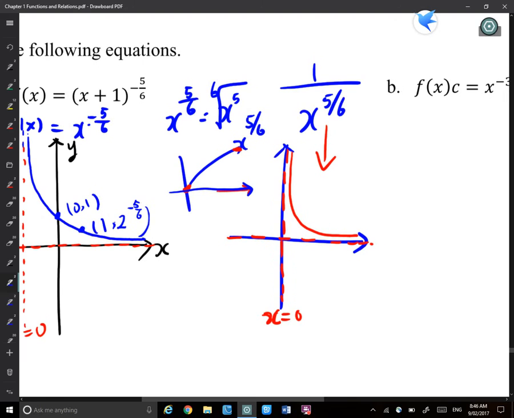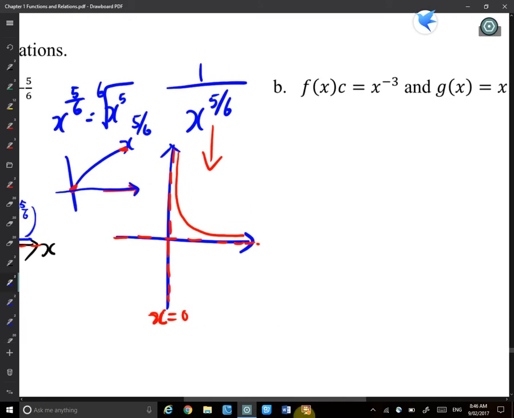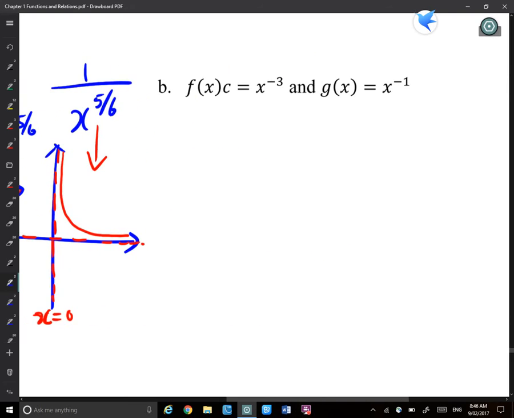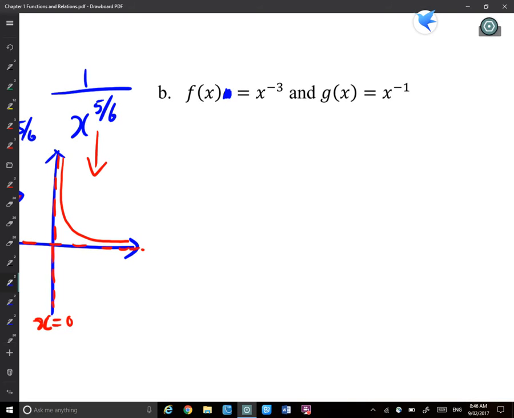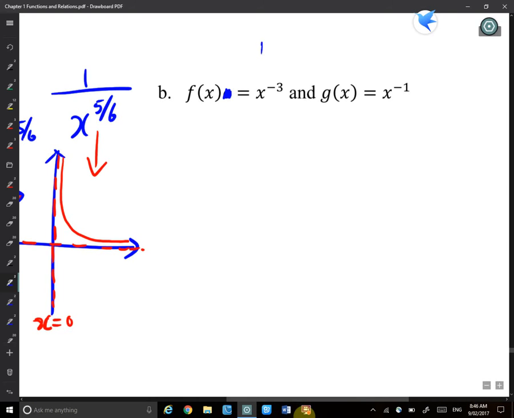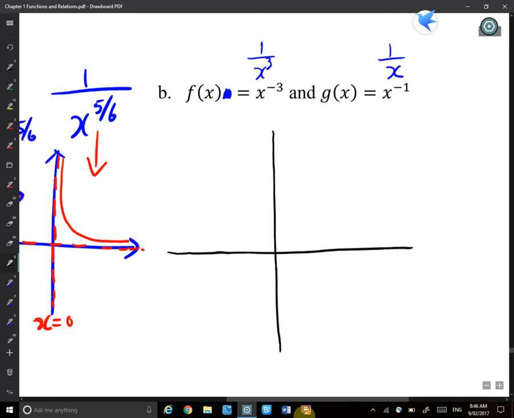Okay, let's have a look at the next one. We don't have the c here. So f(x) equals x to the power of -3 and g(x) equals x to the power of -1. So that's 1 over x to the power of 3 and that's 1 over x to the power of 1. Let's sketch 1 over x first because we know how to sketch 1 over x for sure.